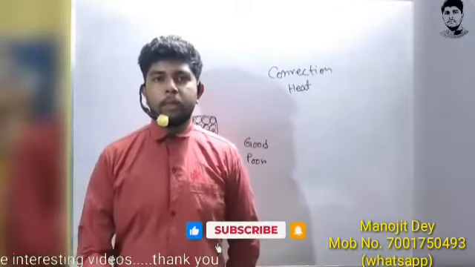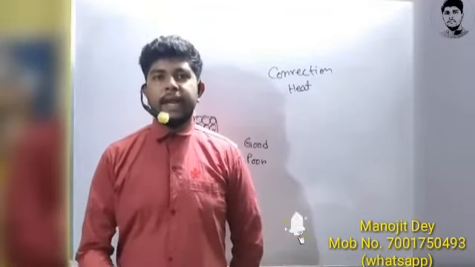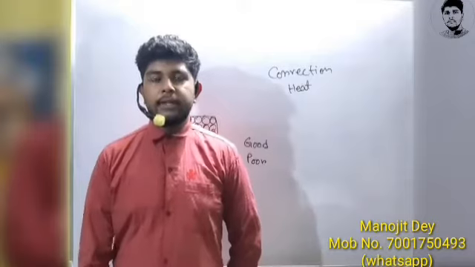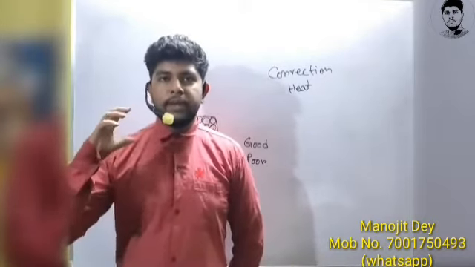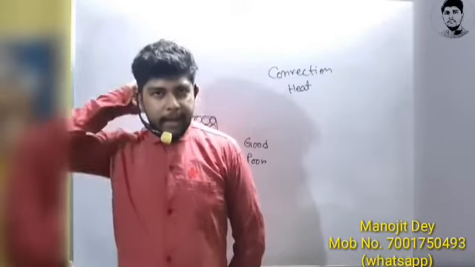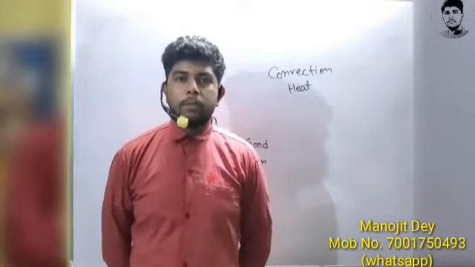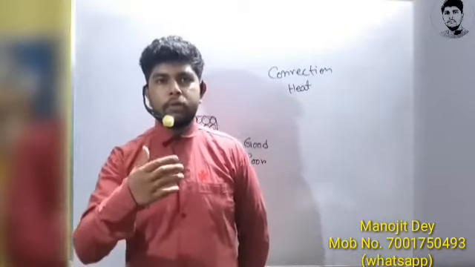Then the air of the bottom part expands and gets lighter, and rises upwards. The upper portion of the atmospheric air is very cold and heavy, so it sinks downward, and again it gets heated and goes upwards. In this way, air can flow from the upper portion to the lower portion, and heat can also flow from the upper portion to the lower portion.